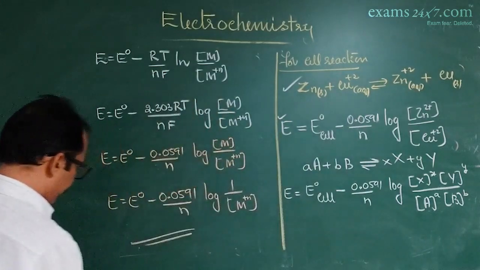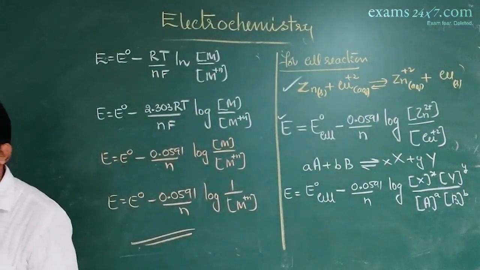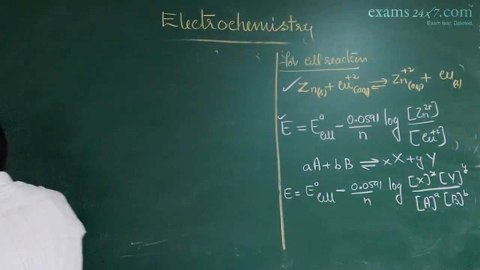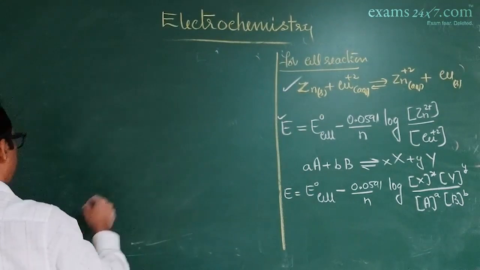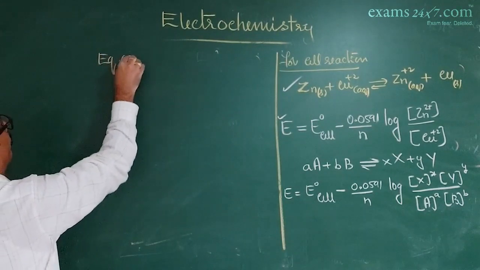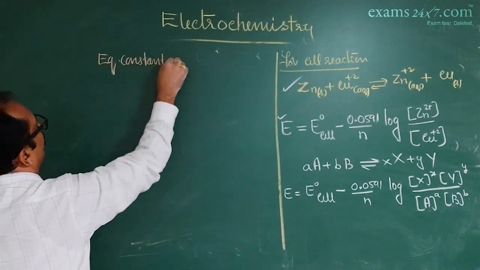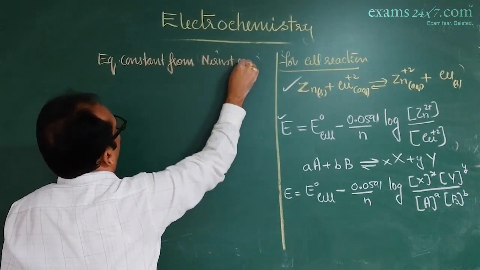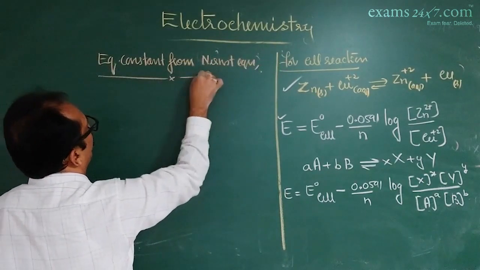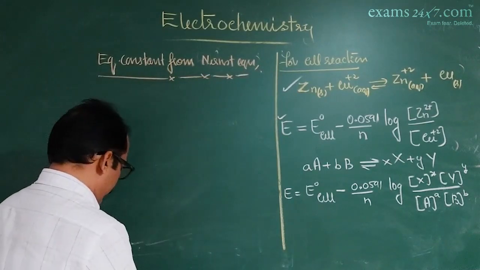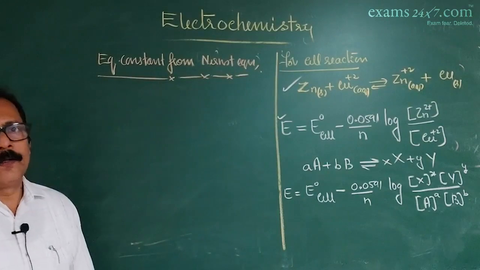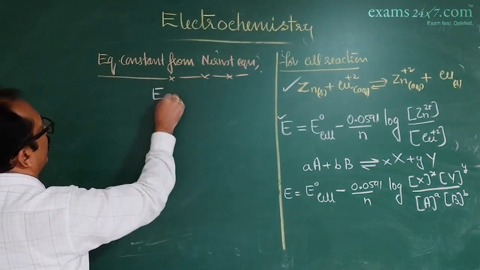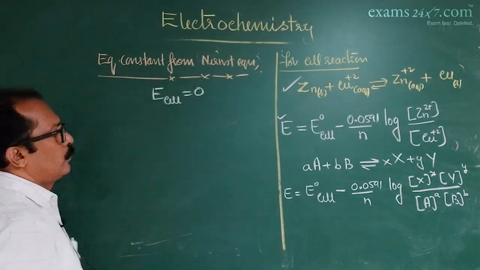Now, equilibrium constant from the Nernst equation. How to find the equilibrium constant using the Nernst equation? Look here. When equilibrium is achieved, E cell is equal to 0.